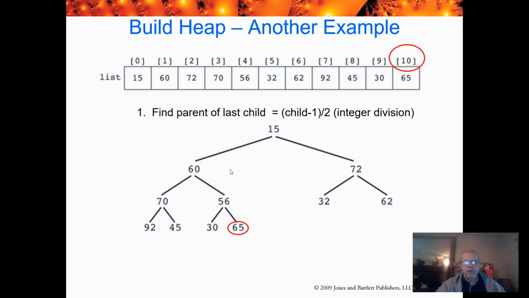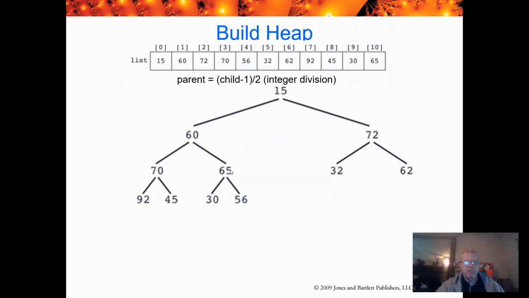The parent is 10 minus 1, which is 9, divided by 2, which is 4. And that's 56, which is also the rightmost highest level parent. So we look at the children, find the largest, and we swap 65 up in place of 50.